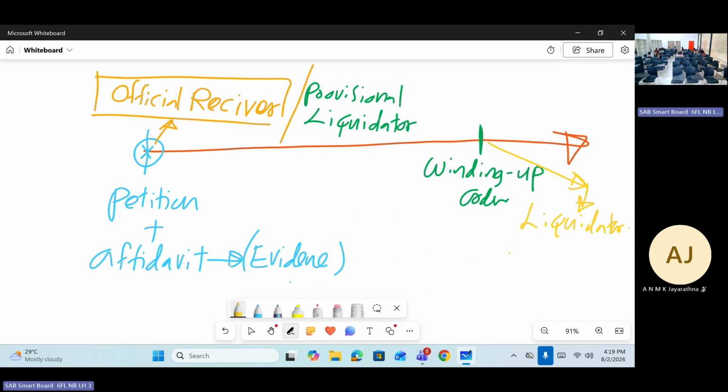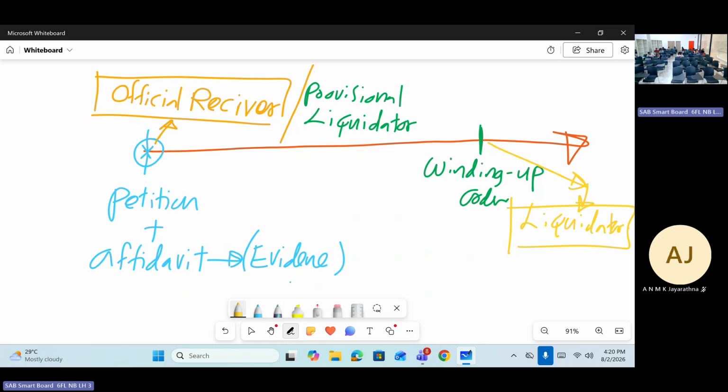Then after the winding up order is given, the court will appoint a liquidator. The liquidator will conduct the liquidation process, that is collecting the assets, realizing them, settling the creditors and winding up expenses, and surplus assets are distributed among the shareholders. So winding up proceedings will be conducted by the liquidator.